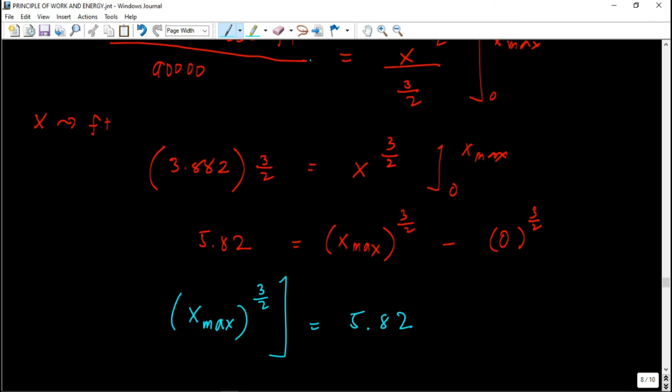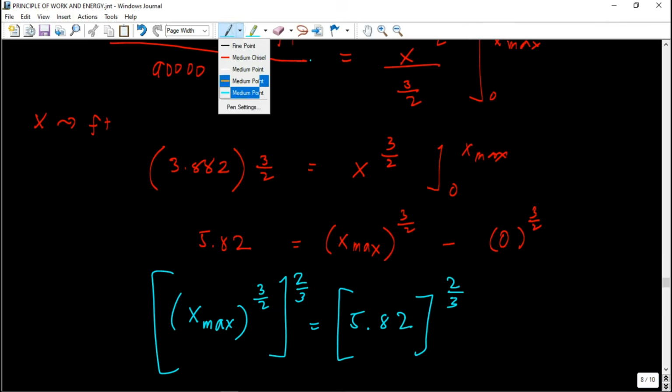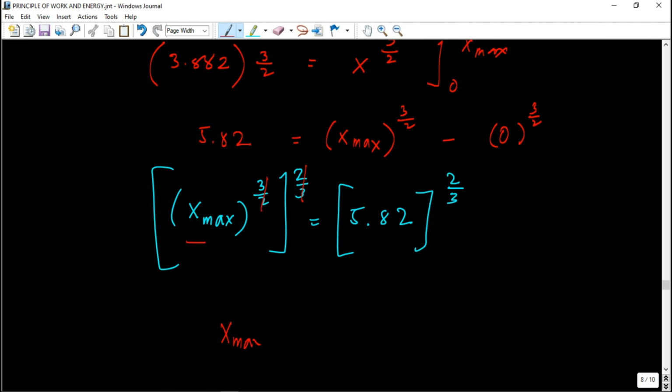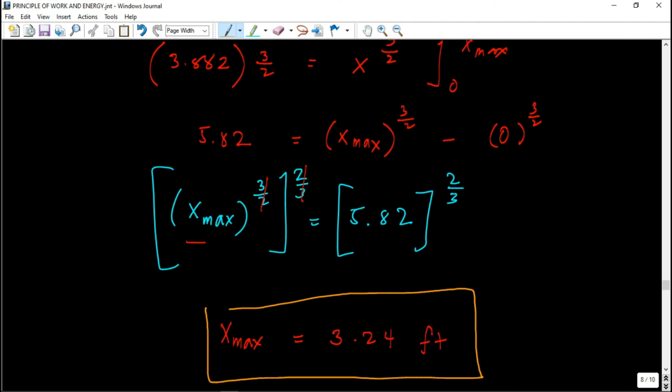Okay, raise natin both sides to 2/3 para makancel natin etong si exponent, thus extracting, okay, ma-extract natin si x max. So x max is equal to 5.82 raised to 2/3. So that is 3.24. So the unit of x is in feet. Okay, so that is now the final answer for this last problem.